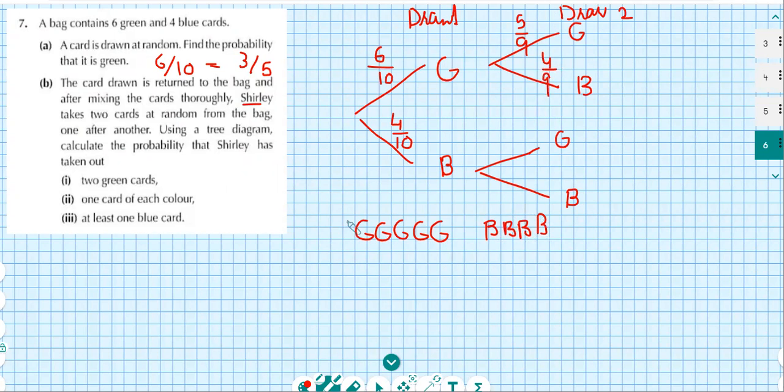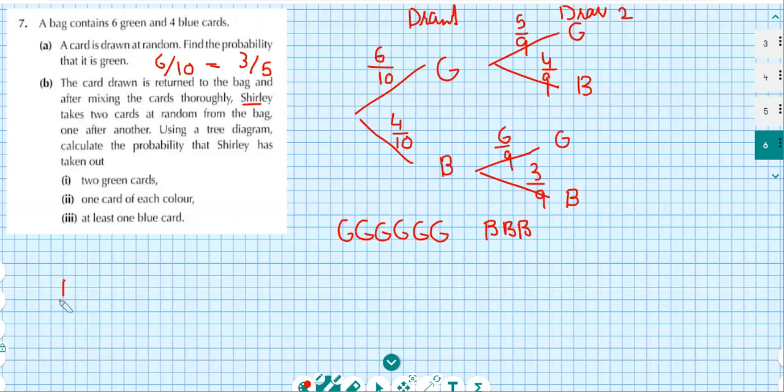Similarly, if B has already been chosen, the total number of cards will be 9 now, and 3 cards are blue and 6 cards are green. So the probability of getting green will be 6 over 9, and getting blue will be 3 over 9. So this is actually the tree diagram.